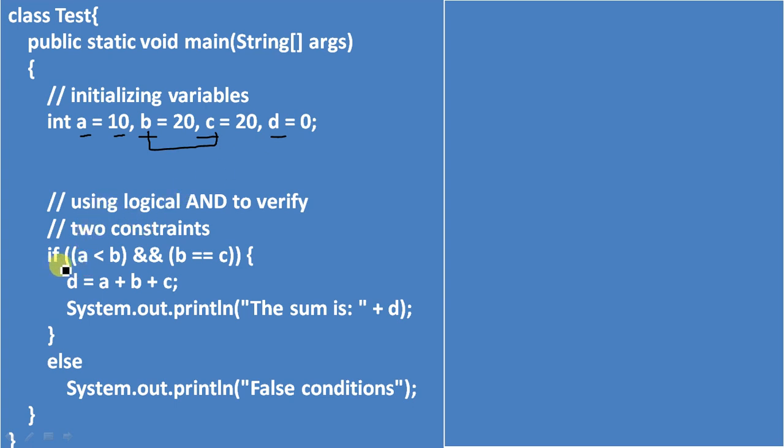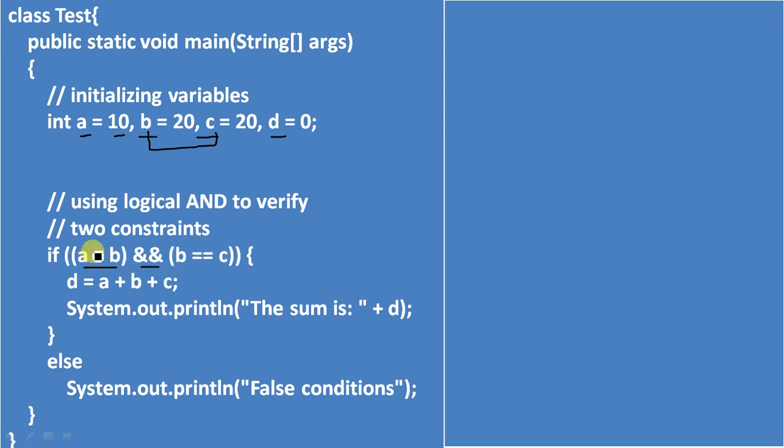In the if block, we are checking this condition, a less than b. A is 10, b is 20, so a less than b is true. Now the logical AND operator, then the second condition is b equal to c. B is 20 and c is also 20, so this condition is true as well.